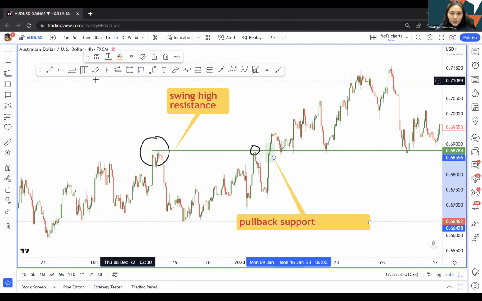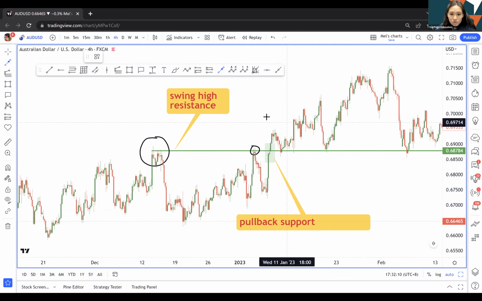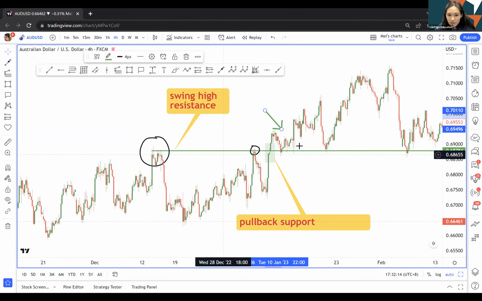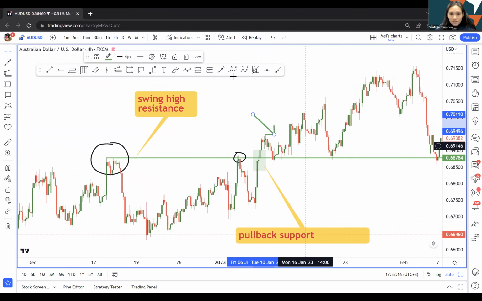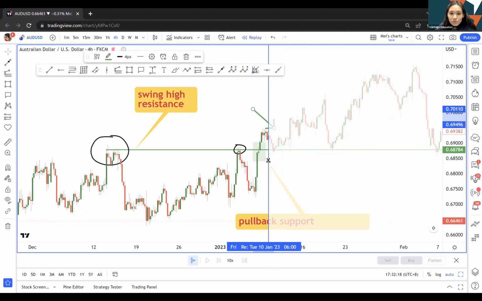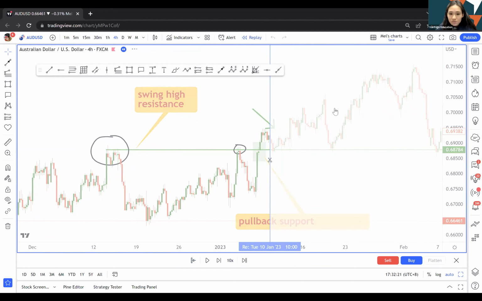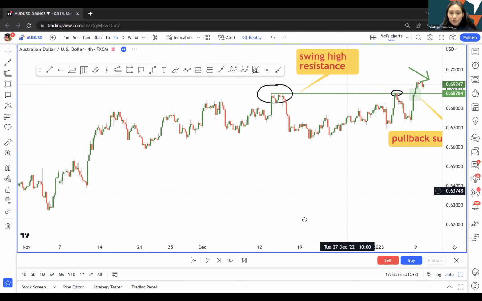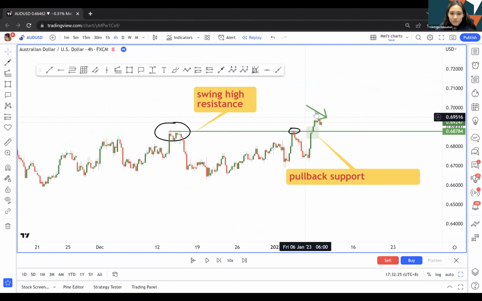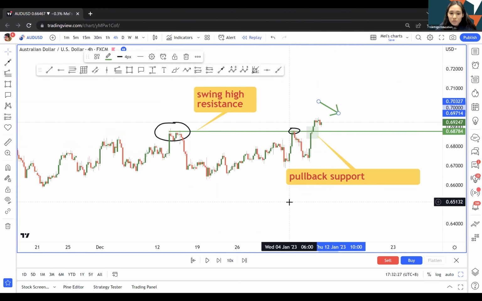Why? Because we are expecting price to go back down and retrace this same level. So before it retraces this level, it is a pullback support over here. At this point, it's a pullback support.